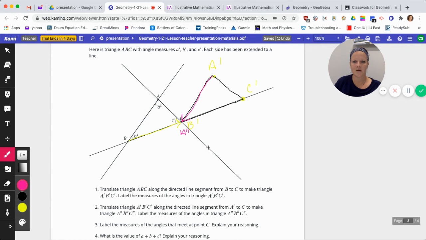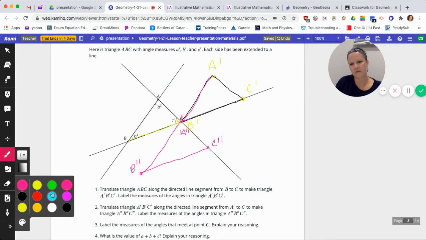This will become approximately C double prime, and approximately B double prime. So we just translated triangle A prime B prime C prime along directed line segment A prime C, and it became down there.